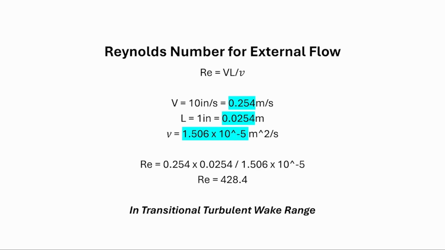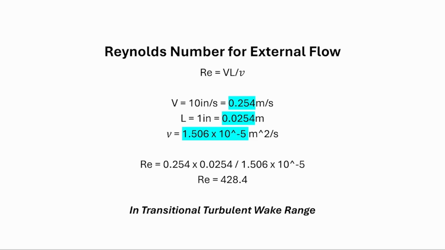Took 15 frames for recording in 30 FPS, so 15 divided by 30, 0.5, so half a second to travel 5 inches, which means it's traveling at 10 inches per second. Converted that to meters, length to meters, and then we plugged that into our equation and got 428.4 as the Reynolds number.